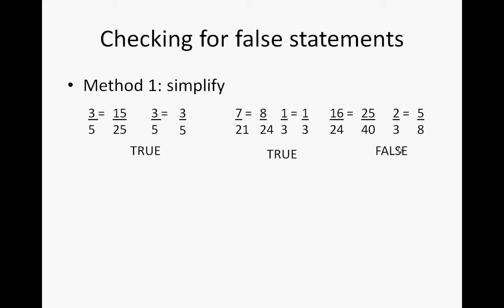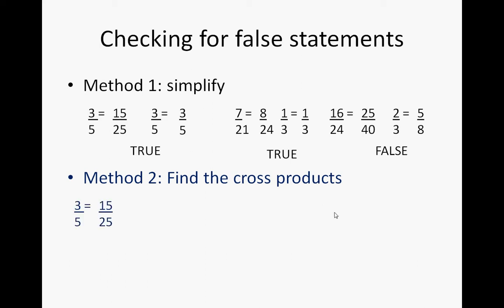The second method you can use is to find the cross products. The cross products are when you multiply across like this, so 15 times 5 is 75, that's one cross product. And then we have 3 times 25, that's also 75. The trick here is that if the cross products are equal, then the proportion is true.